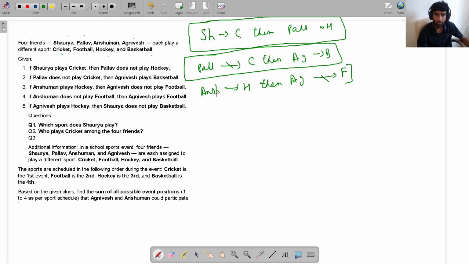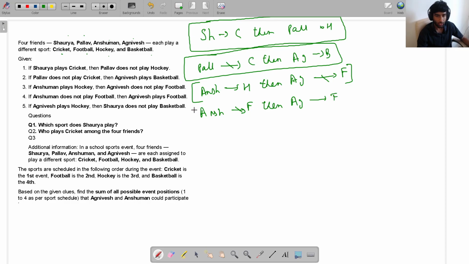Okay, great. The fourth clue says if Anshuman does not play football, then Agnivesh plays football.